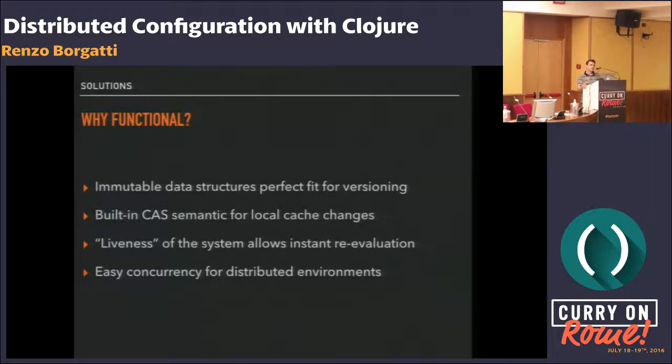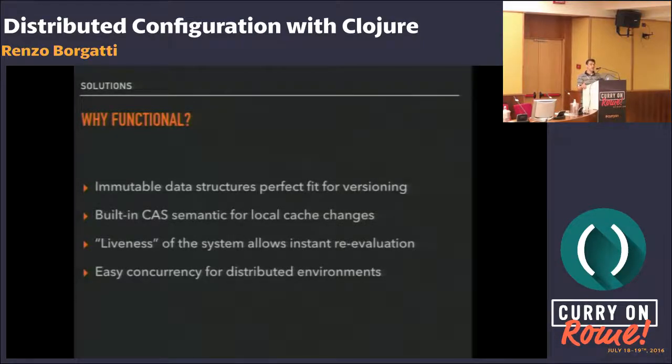Thanks to immutable data structures, the concurrency model is a compare-and-swap semantic, and this is perfect for this case. I don't need to be completely transactional. I just need for one change to be atomic and to read it as an atomic change.